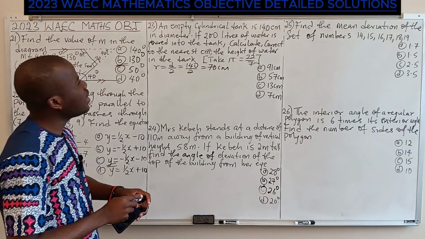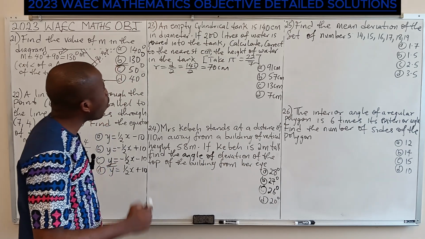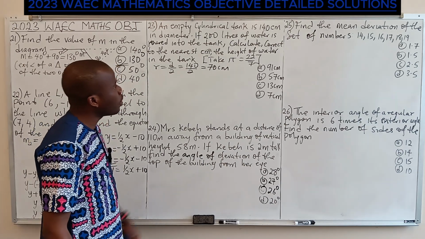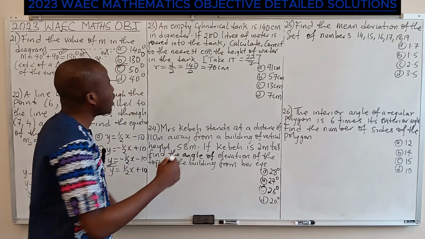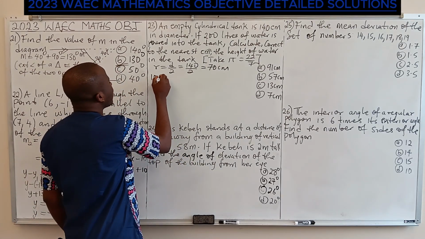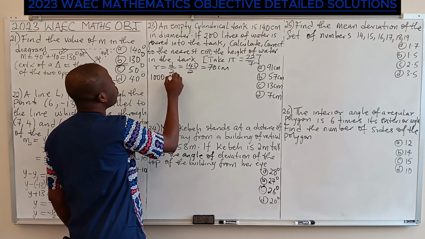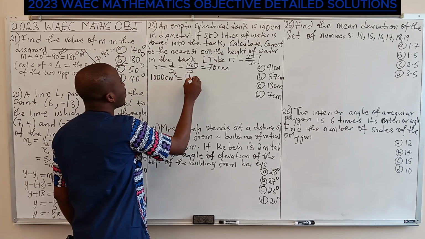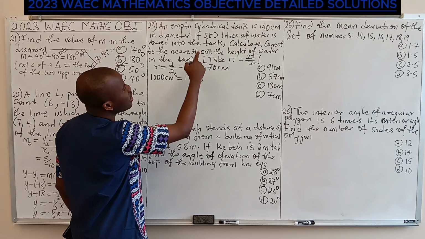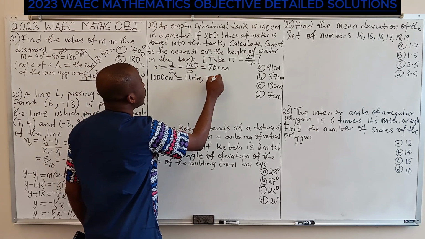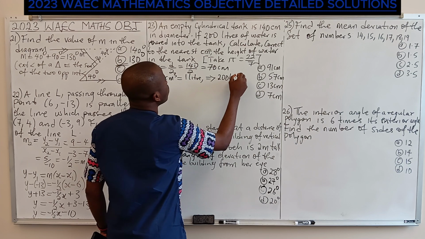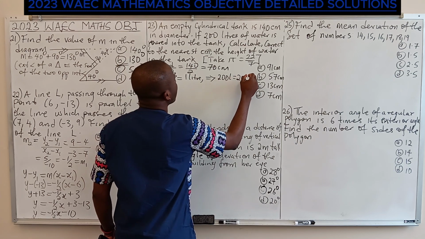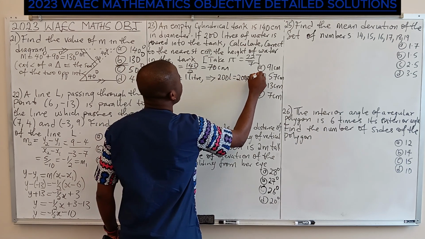If 20 liters of water is poured into the tank, now we have to convert these 20 liters to cm cubed. We know that 1000 cm cube is equal to 1 liter. So 20 liters will be 200,000 cm cube.